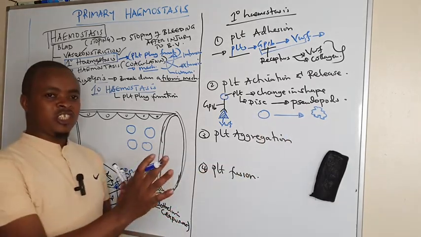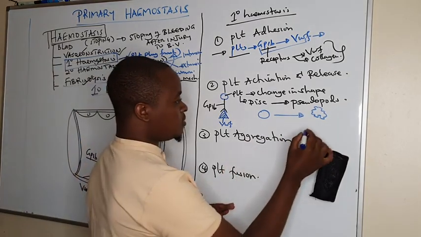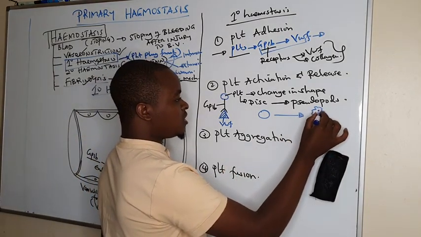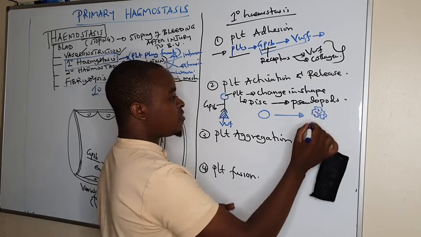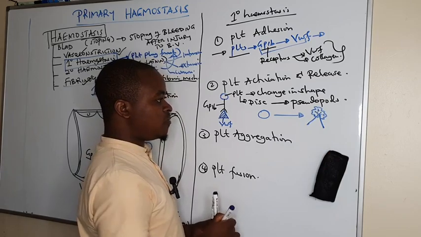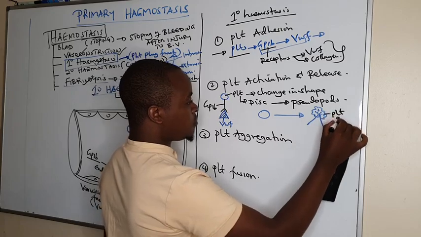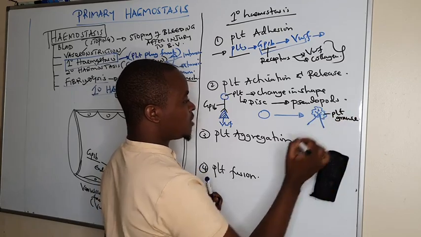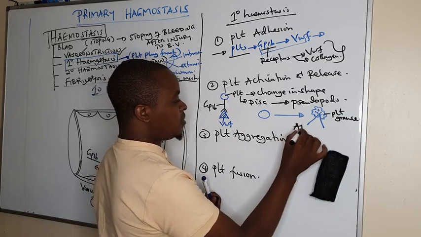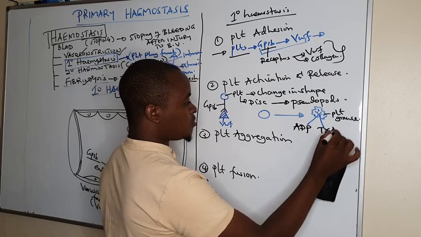And during the change in shape, the platelets are triggered to release granules. So the change in shape leads to the release of platelet granules. The granules released are ADP and thromboxane A2.